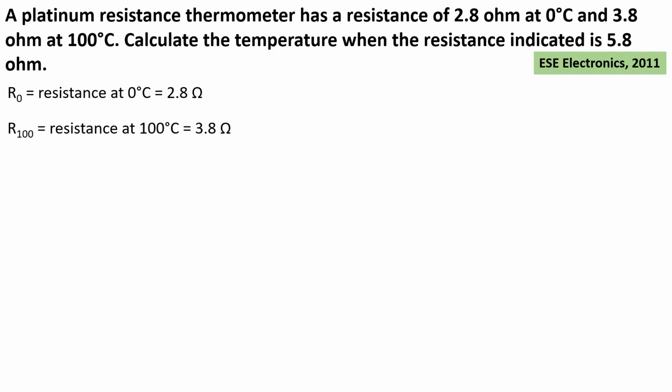So R100, the resistance at 100 degrees Celsius, is given as 3.8 ohm. And T is the temperature in degrees Celsius. We have to calculate the temperature, that is small t, when the resistance indicated is 5.8 ohm. So RT, the resistance at temperature T, is 5.8 ohm.